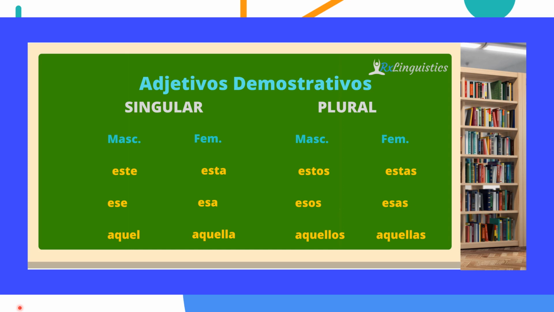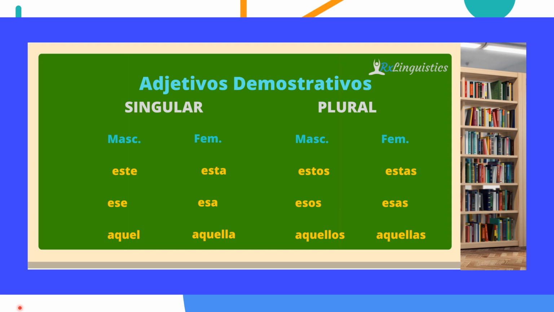So there are three locational concepts embedded in those adjectives, and they allow the speaker to refer to things or people that are near them, not so near, or farther from them.